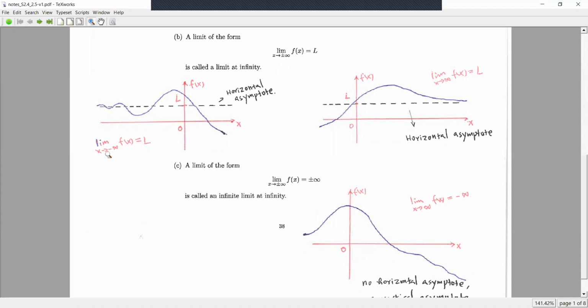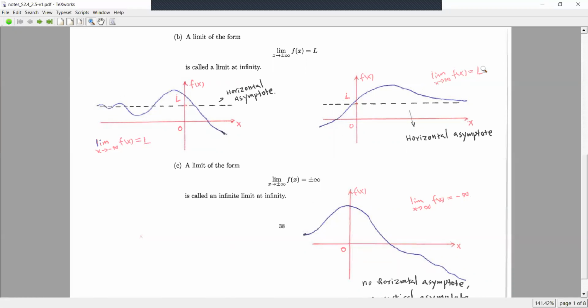As x approaches negative infinity, the function approaches L, a finite number. The graph of the function f looks like this blue curve, and this horizontal line, L, is a horizontal asymptote of the graph of the function.